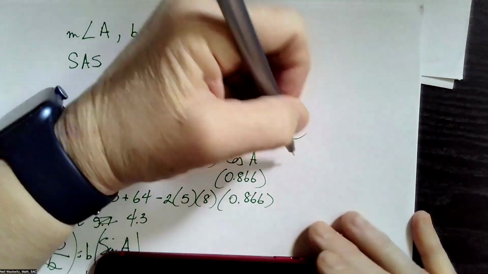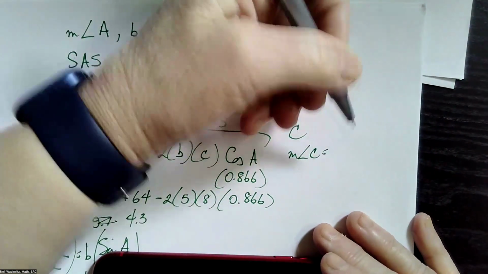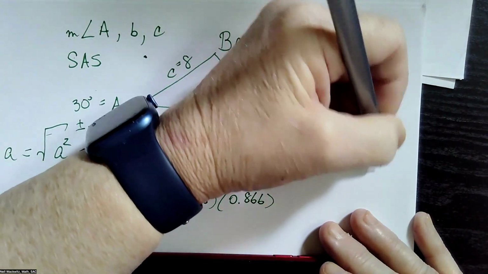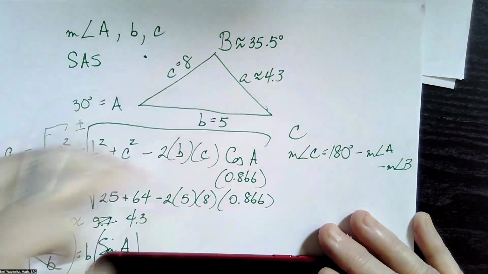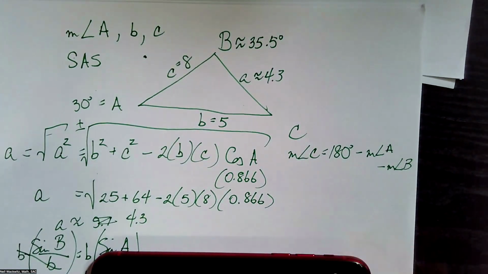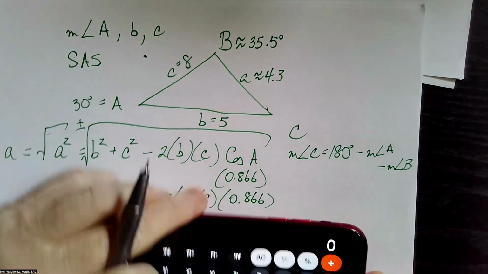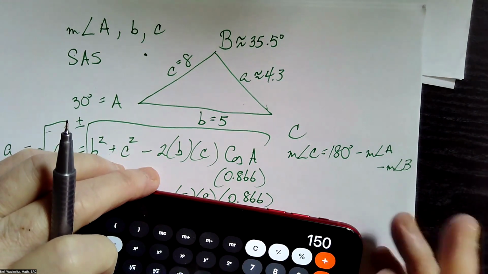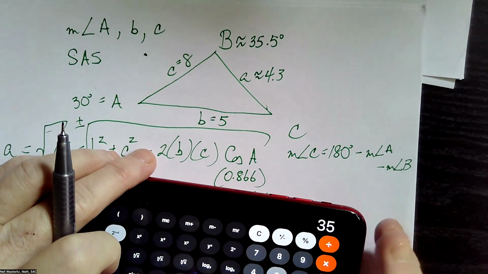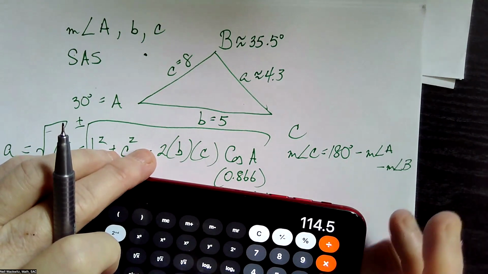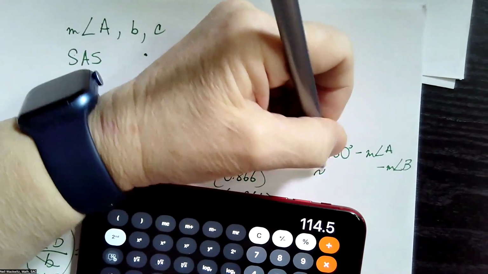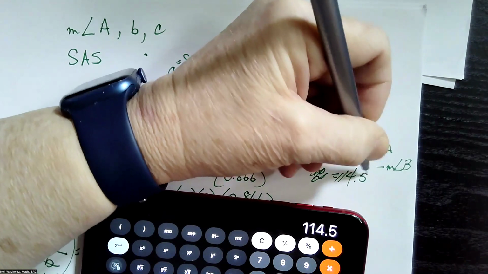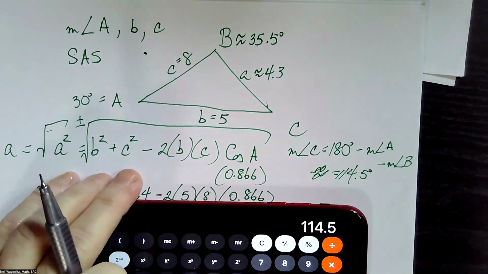So I know that the measure of angle C is 180 minus the measure of angle A minus the measure of angle B. And let's just fill in numbers. 180 minus 30 minus 35.5. So the measure of angle C is actually equal to 114.5. But let's find it using the law of sines.